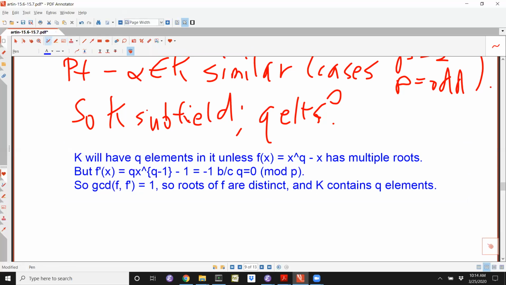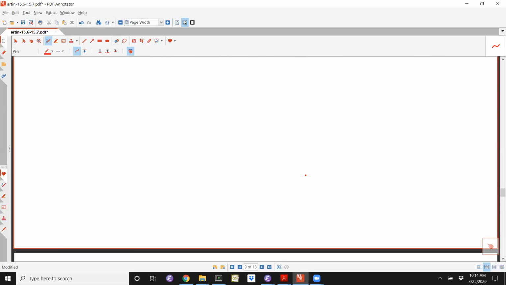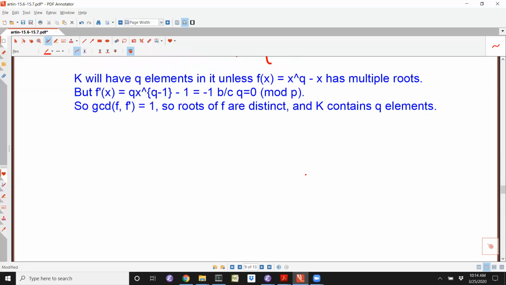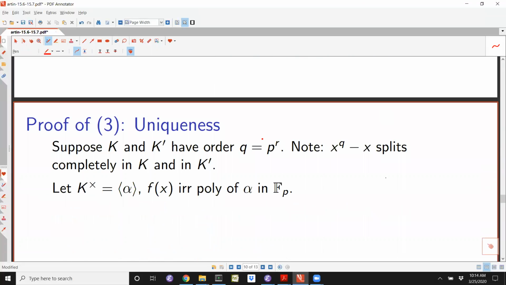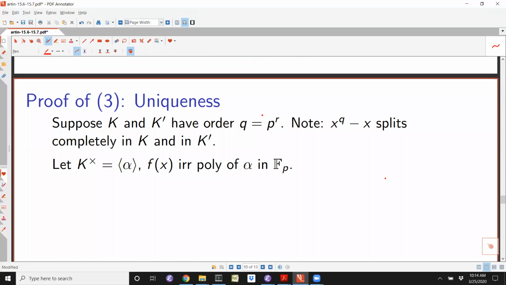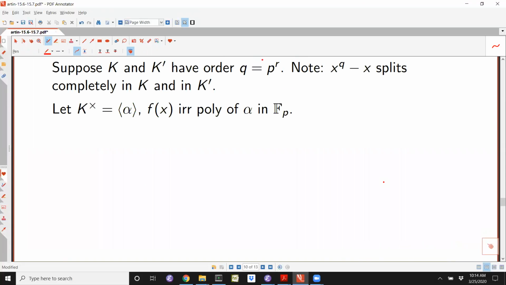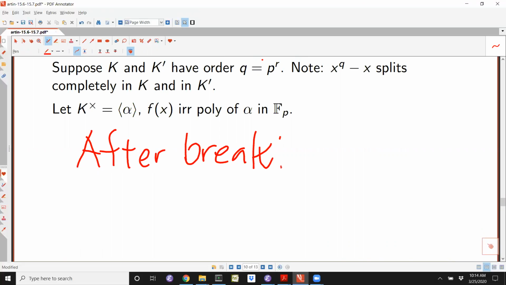Okay. I don't want to try to rush through this. So, yes, I'm happy with this. I think next time, after break, we'll do uniqueness.